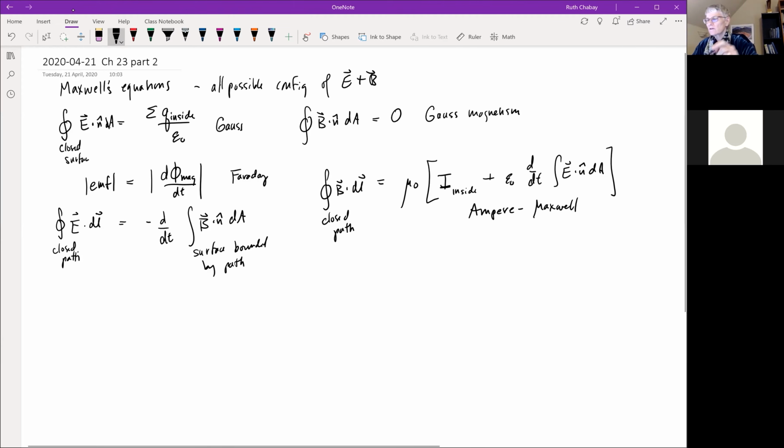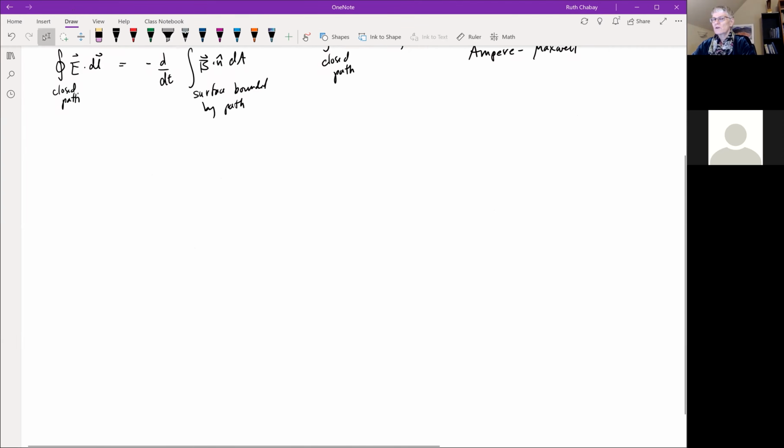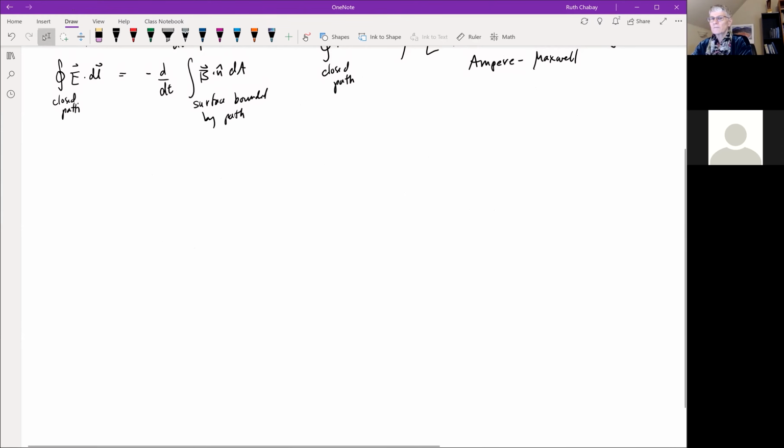And we used these Maxwell's equations to show that a time varying magnetic field in space could produce a curly electric field that itself was time varying if we varied it appropriately with time, which would then produce a time varying magnetic field.